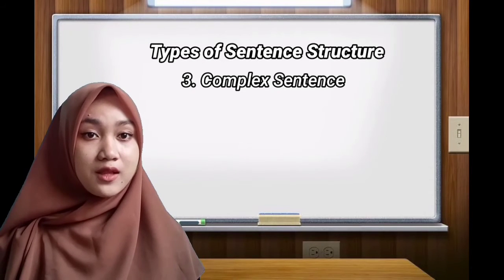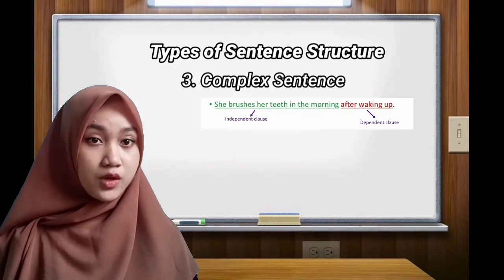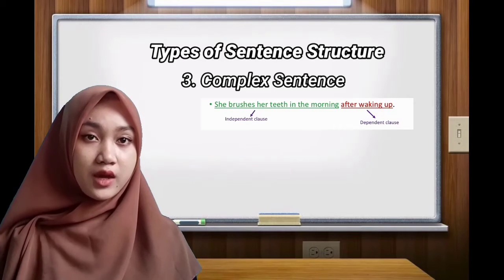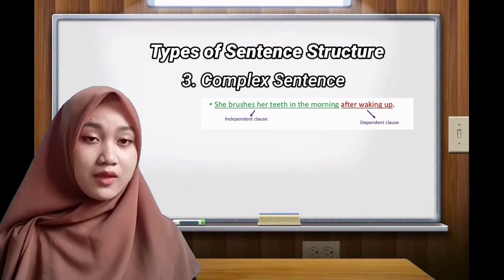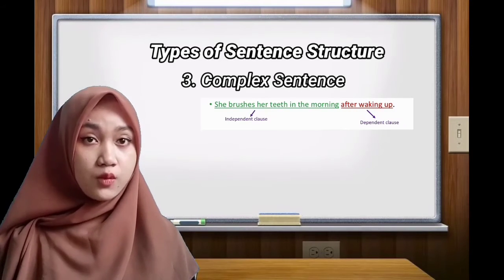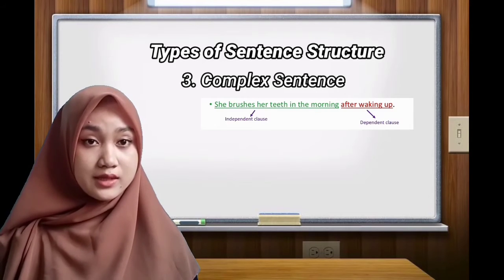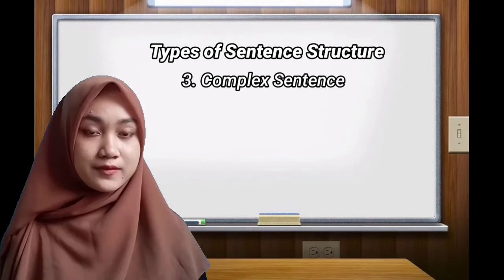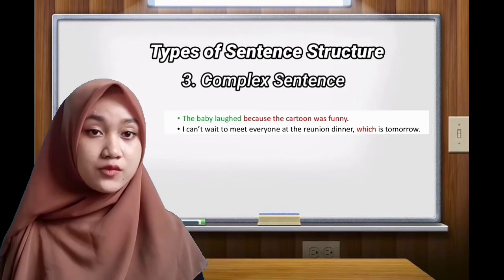Here is an example of a complex sentence. She brushes her teeth in the morning after waking up. As you can see, we have our independent clause, which can make sense on its own as a separate sentence. And then the dependent clause, which is after waking up, would not make sense on its own as a sentence. Another example is the baby laughed because the cartoon was funny.